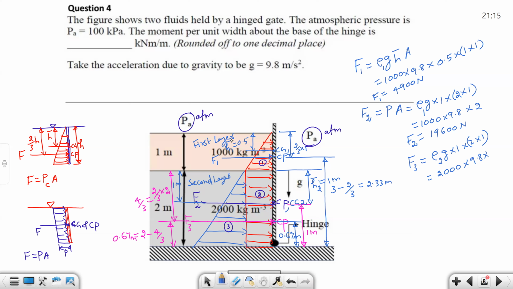So here we can take it F3 equal to rho 2 g H2 bar into the area A2, area of the second layer. This we take as A1. This is second layer A2.